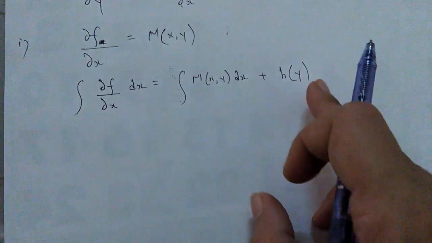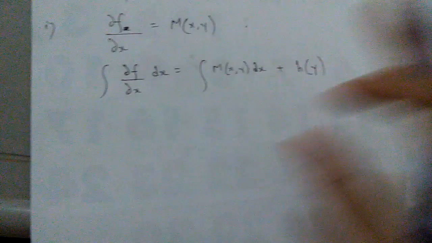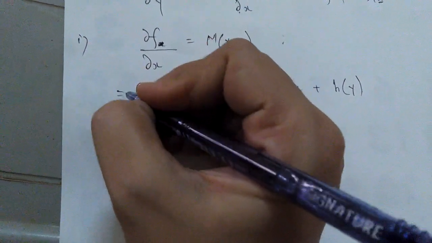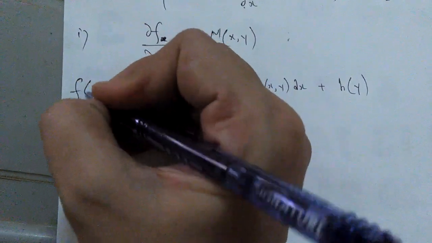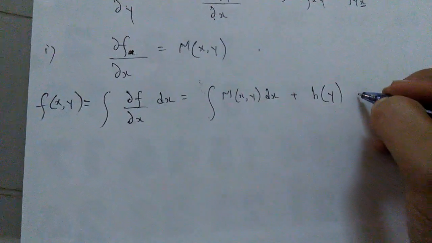So whatever the constant comes, that is a function of y. So this thing is actually your f of x, y. You're going to get a function back, so you just call it equation number 1.